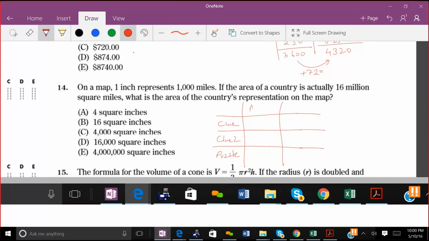So in map, real, what you do is you say 1 inch, 1,000 miles, and 16 million square miles. Okay, miles square. Now look at the answers. Answer is in inch.